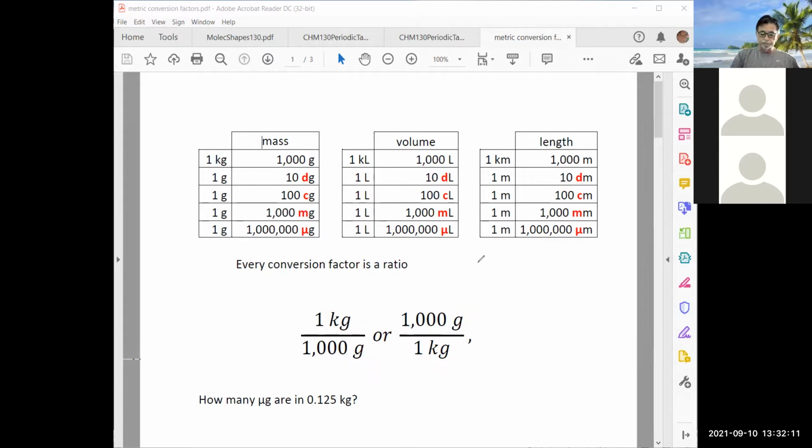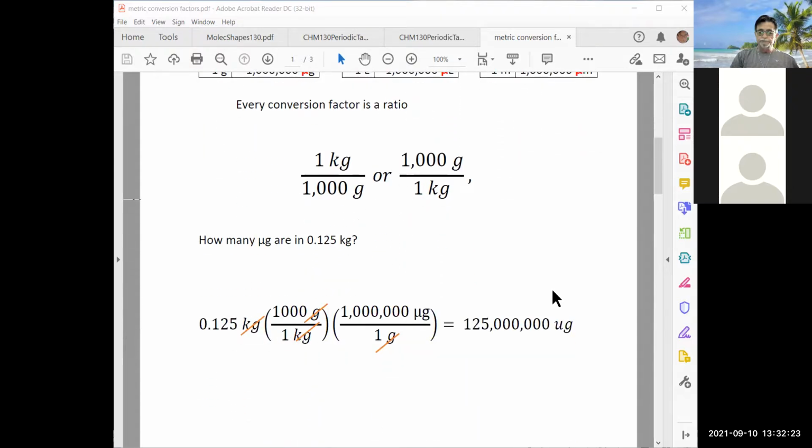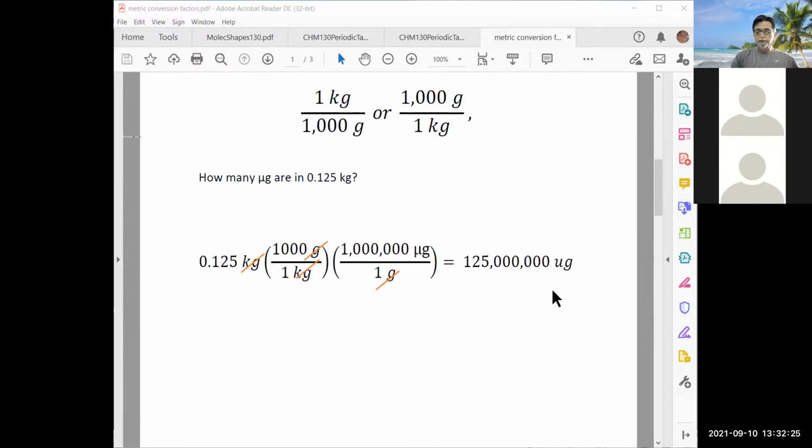Okay, so let's say, for example, you're asked how many micrograms are in 0.125 kilograms. And I would set it up in this particular manner, okay? This technique has a name for it, and I'll be more specific here in a little bit. But basically, I would always start off with writing down what I am given.